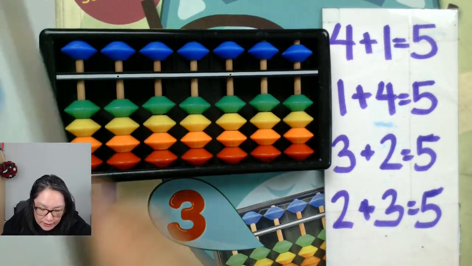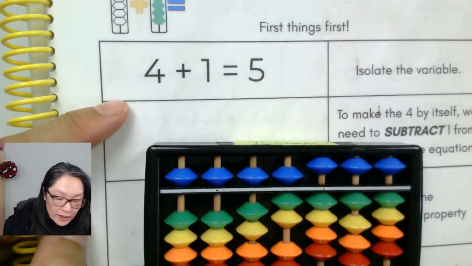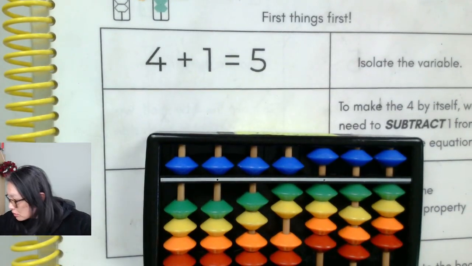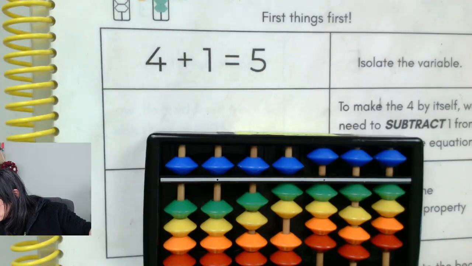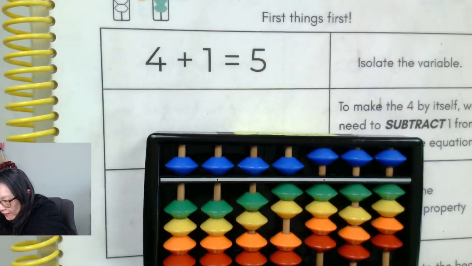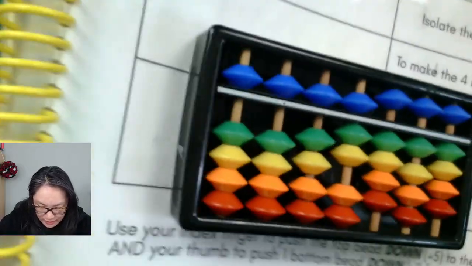So if they call it a friendly number, what we're going to do is modify our addition sentence. What does that mean? Well, the first thing we're going to do is isolate the variable. Why are we going to isolate the variable?